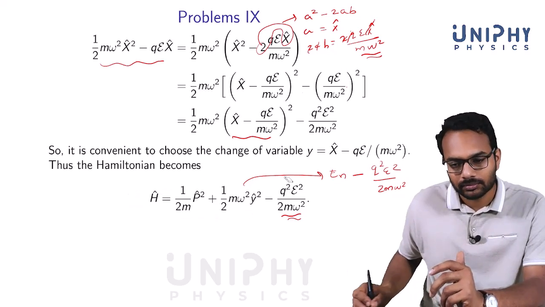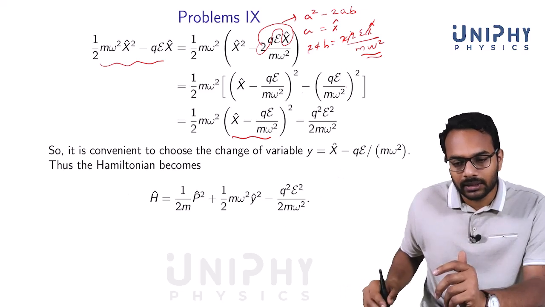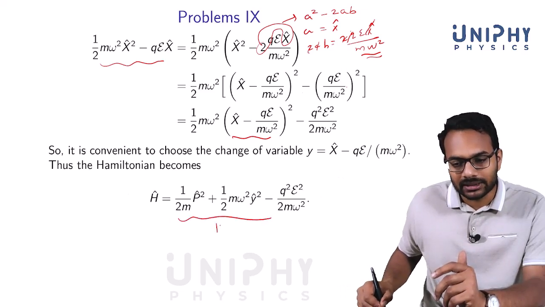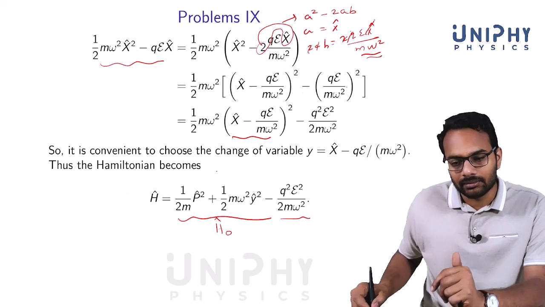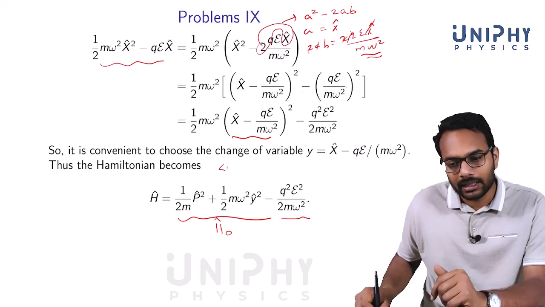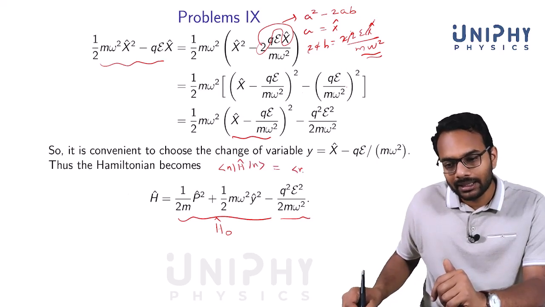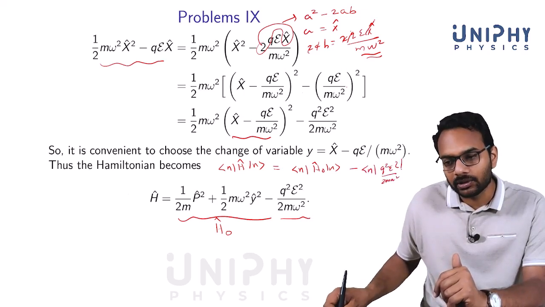Let me just repeat. Here, this is the harmonic oscillator potential, I will write it as HO, and this is some interaction term. So if you compute <n|H|n>, what you get is <n|H_HO|n> minus <n|q square epsilon square by 2m omega square|n>.